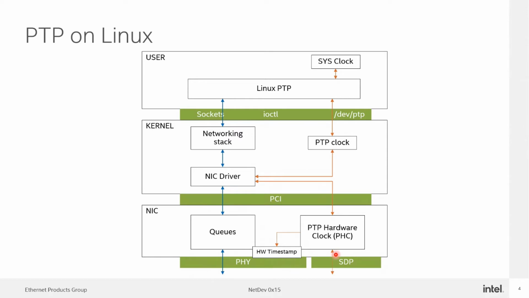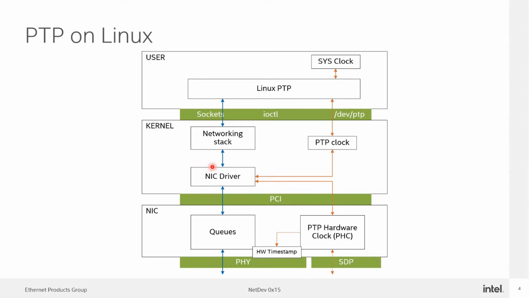But also, if we enable the network adapter to actually do the PTP acceleration, we usually put the PTP hardware clock inside it. And this is the clock that is actually synchronized in the process of the 1588 protocol and is used to generate the hardware timestamps. So in the upper layer, obviously we talk to this device, both to the PTP hardware clock and to the queues, via the PCI interface.